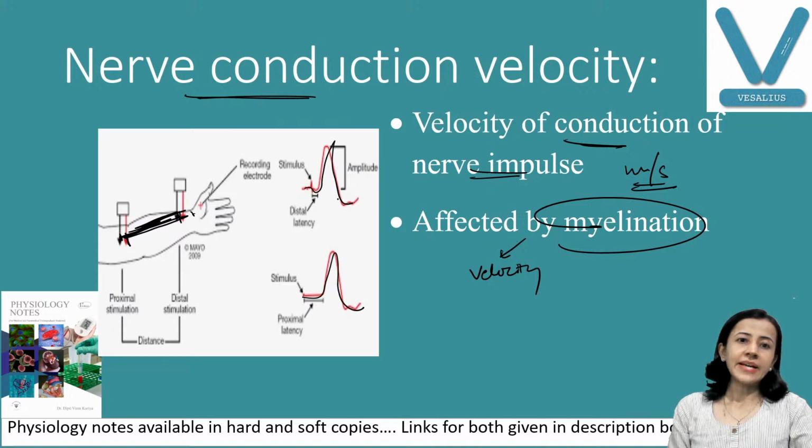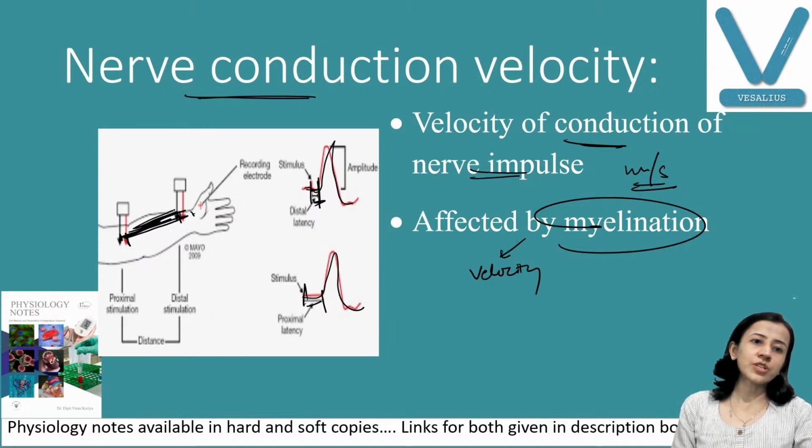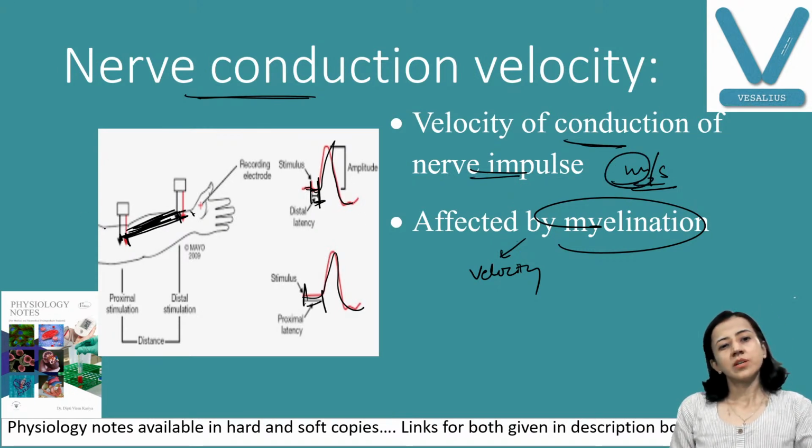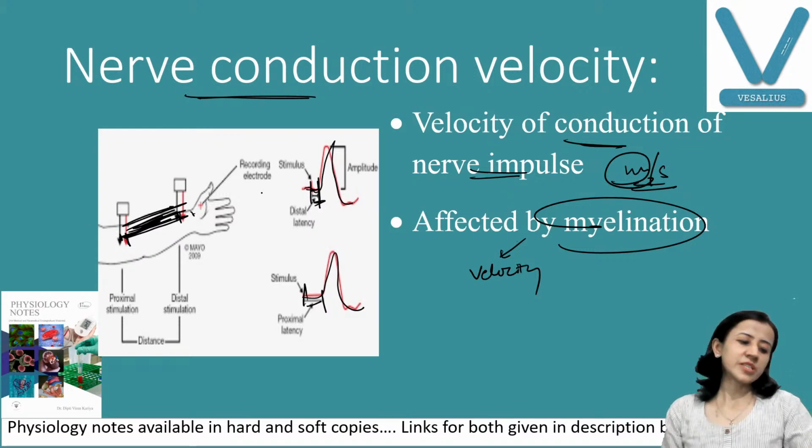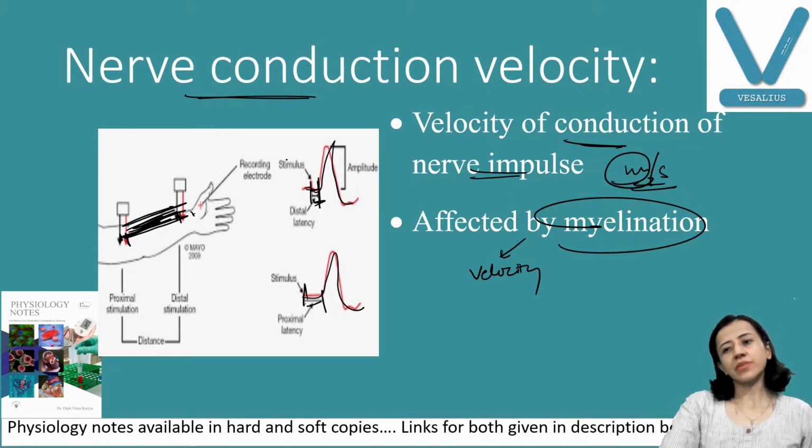Measure the latency, one for the proximal and another for the distal. The latency difference is equal to the time required for the impulse to pass through this area. The distance between the two electrodes divided by this time difference gives the conduction velocity.